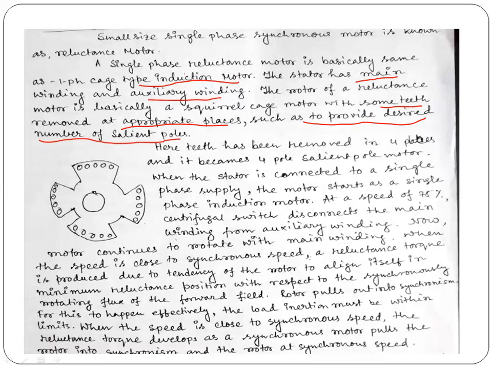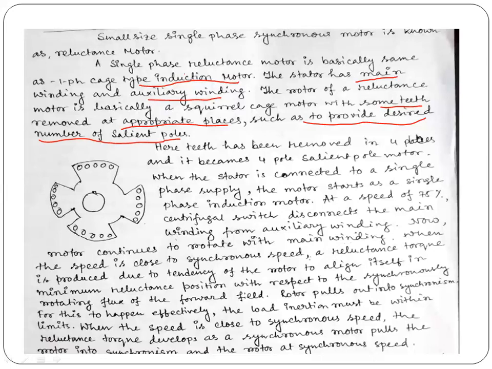When the speed is close to synchronous speed, a reluctance torque is produced due to the tendency of the rotor to align itself in the minimum reluctance position with respect to the synchronously rotating flux of the forward field. The rotor pulls out into synchronism.